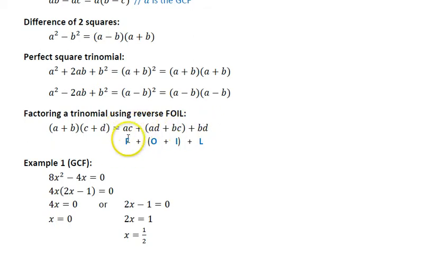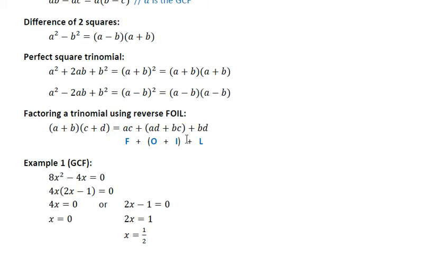The AC is the first term of this binomial and the first term of that binomial. The BD is the last of each of the binomials. And in the middle we have the sum of AD, which is the outermost terms, and BC, which are the innermost terms. And we get FOIL.